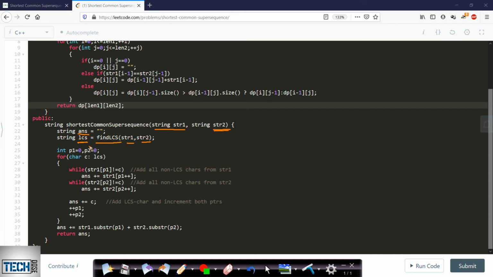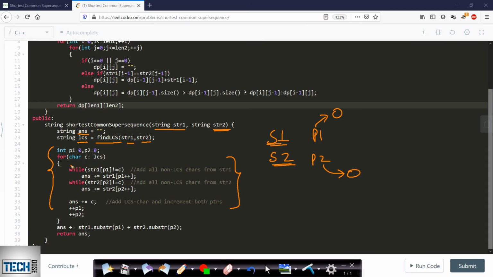Now once we have found the LCS, we will use 2 pointers for string S1 and string S2, which are P1 and P2. P1 will point to index 0 of string S1, and P2 will point to index 0 of string S2. We will follow the same approach as I showed in the dry run.